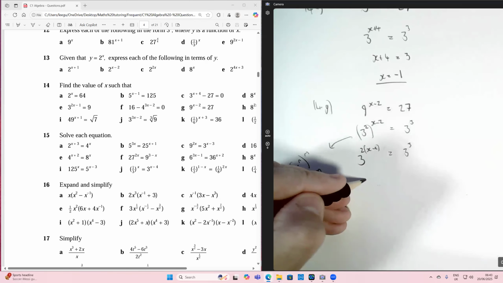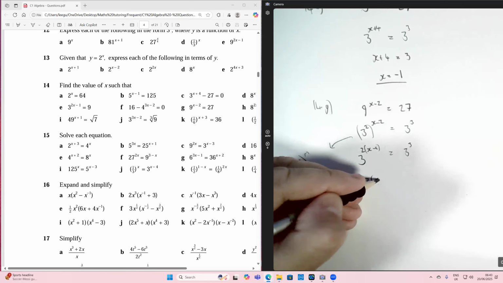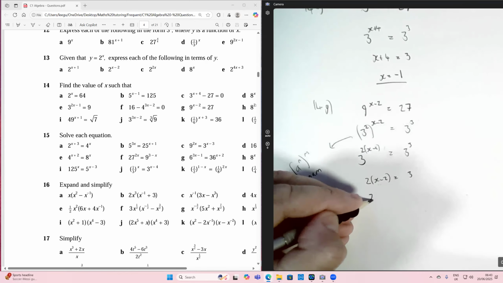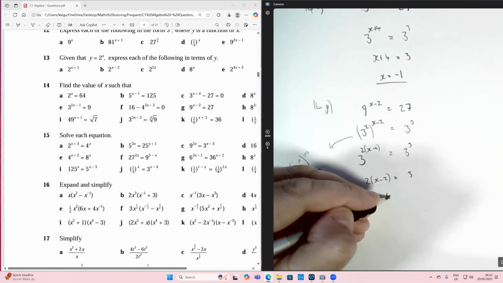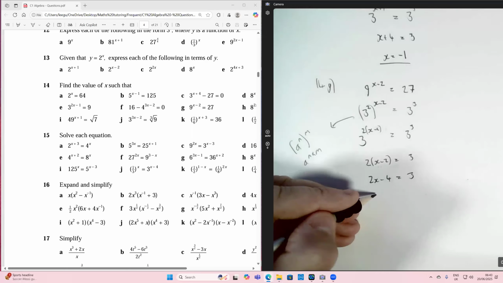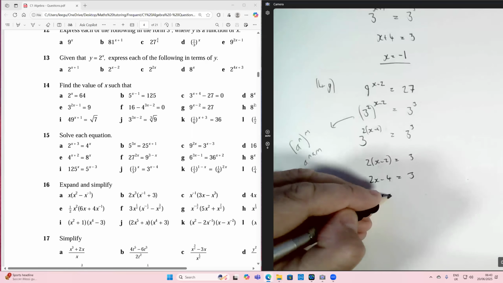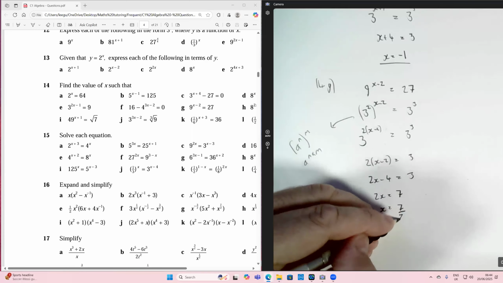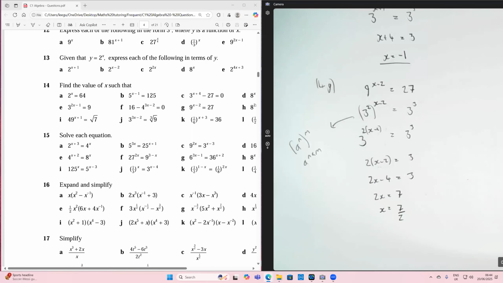So we can now say that 2 times x minus 2 is going to equal 3. So we can expand that bracket. So we get 2x minus 4 is equal to 3. I'm going to add 4 to both sides. So 2x is equal to 7. And therefore x is equal to 7 over 2. Okay, so that's that one.